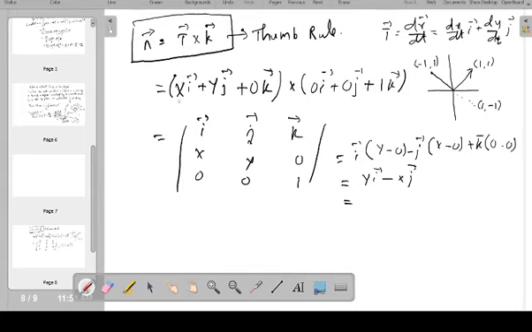So in this expression, x is dx by dt and y is dy by dt. So this is dy by dt vector i minus dx by dt vector j. This is your n.